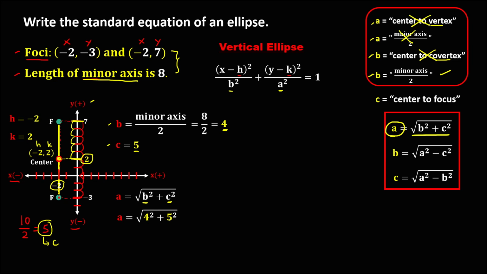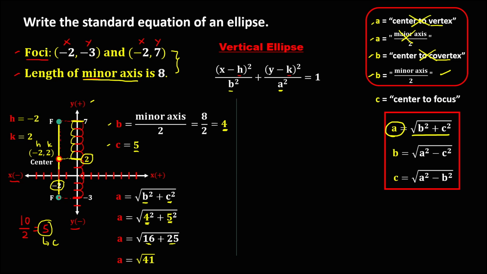So we have 4 squared plus 5 squared. Then to simplify, this 4 squared is 16 and 5 squared is 25. So therefore a equals the square root of 16 plus 25, that's 41. So a equals the square root of 41.